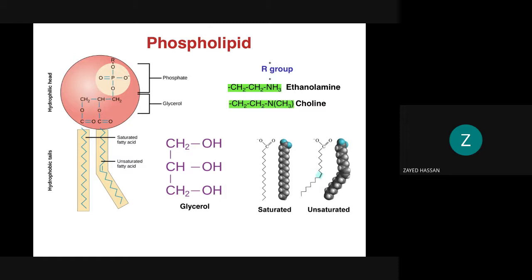And the tail group mainly consists of saturated and unsaturated fatty acids, which fear water, repel water. The saturated fatty acids consist of carbon-to-carbon single bonds, because of which they are mainly straight. But unsaturated fatty acids have carbon-to-carbon double bonds, because of which they are bent. Okay. Is it clear to all? Yes, sir.